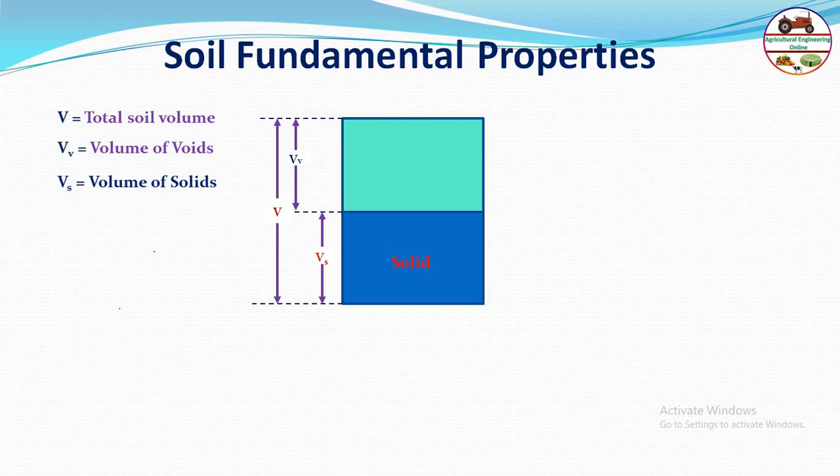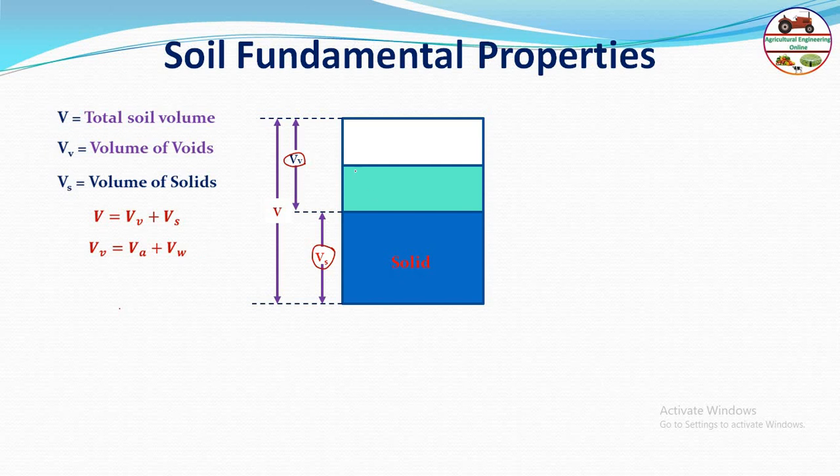So this is Vv, and Vs is the volume of solids. Therefore the total volume of the soil will be equal to the volume of voids plus the volume of solids. But the volume of void can again be classified into two states, one is air and the other is water.